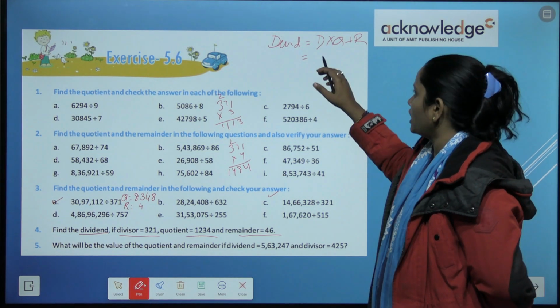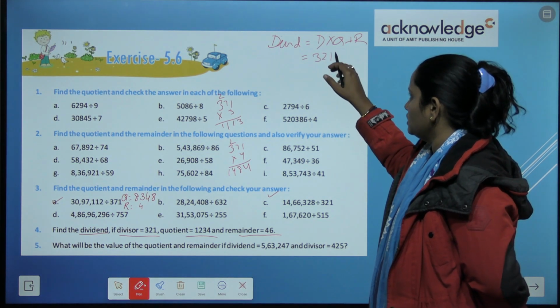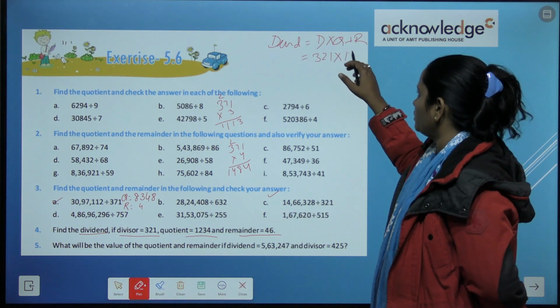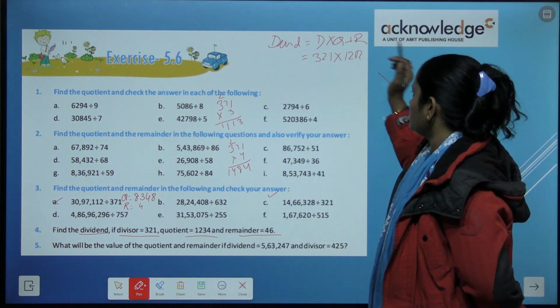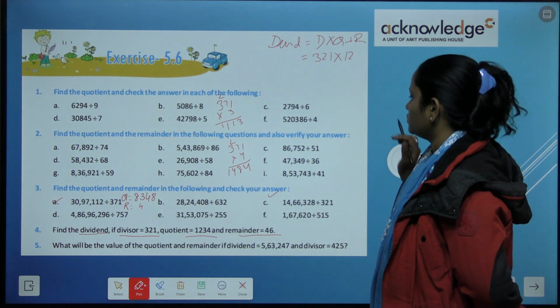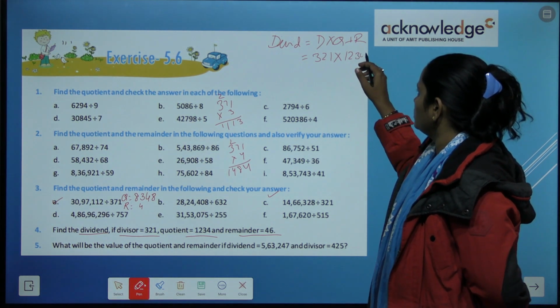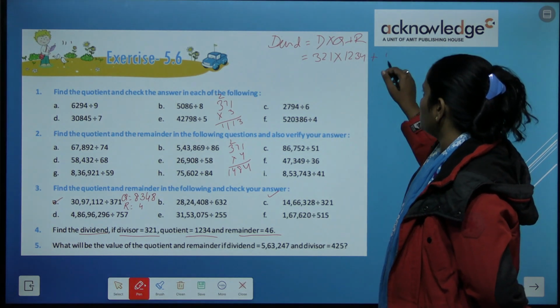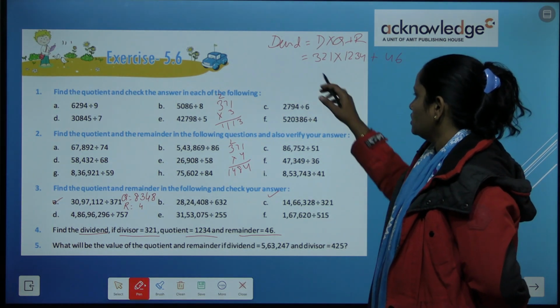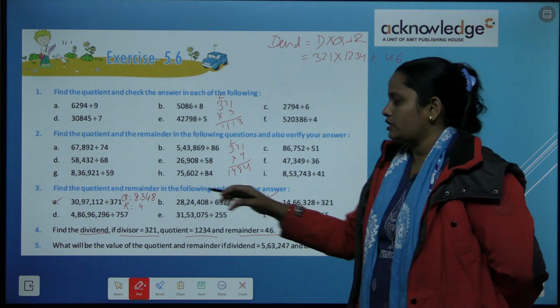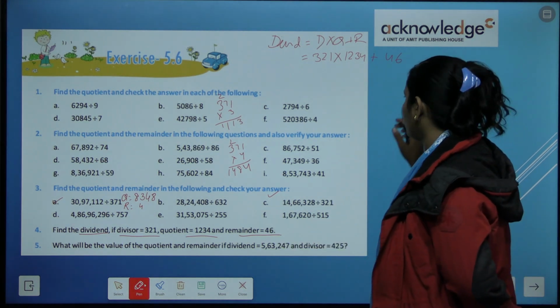So the divisor given is 321, multiply quotient 1234, and remainder is 46. So after solving this we will get the dividend. Let's solve it.